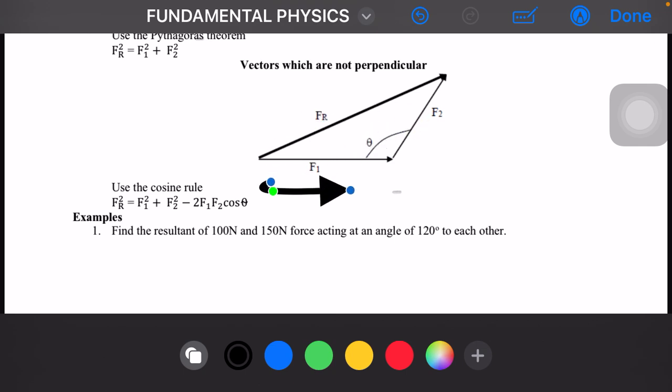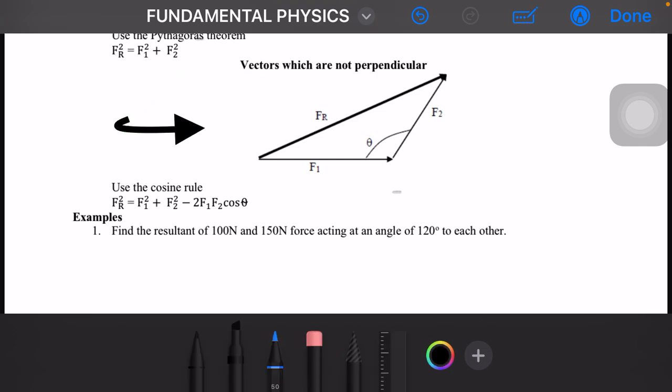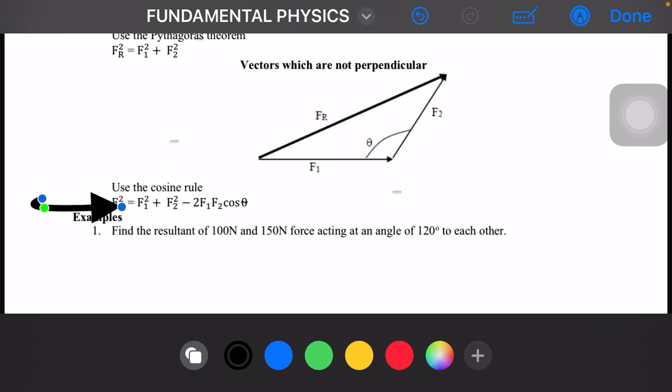So what do you use? You simply use the cosine rule. When vectors are not perpendicular to each other, use the cosine rule. When they are perpendicular, use the Pythagoras theorem. That's how you find the resultant of vectors which are not perpendicular to each other.